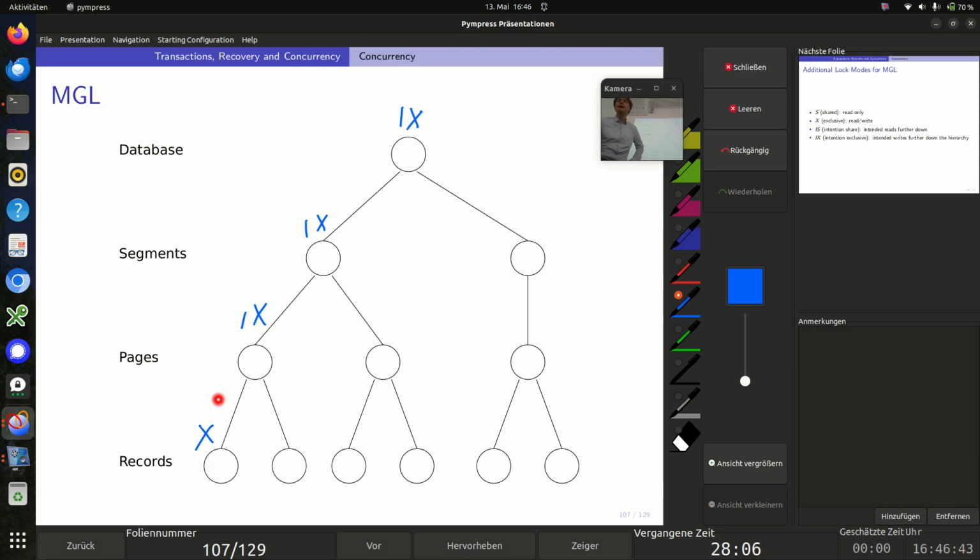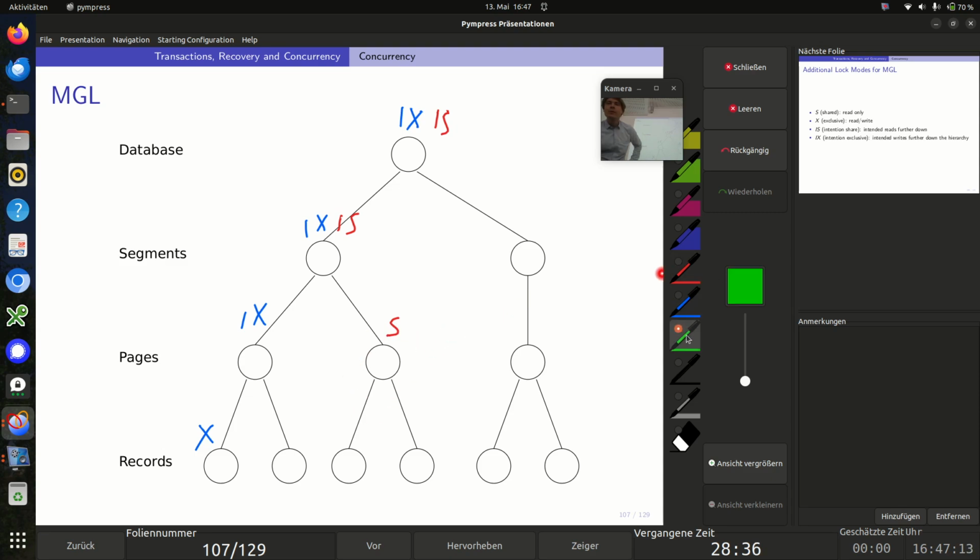And this allows parallelization of multiple transactions. For example, if we have another transaction, T2, that wants to read a full segment, or maybe let's read a full page. So I say, okay, I want to read a page down there, and I will read the whole page.